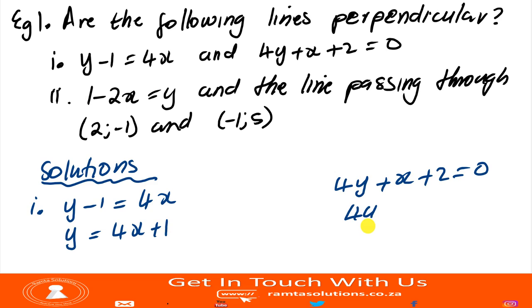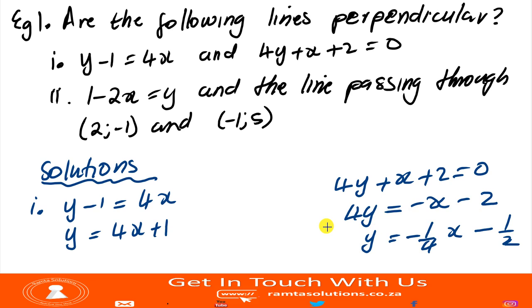This could be written as 4y equals negative x minus 2. Dividing by 4 throughout, this will be y equals negative 1 over 4 x minus half, because 2 over 4 is 1 over 2, isn't it?